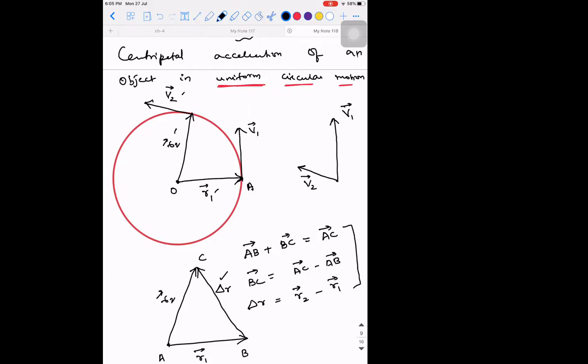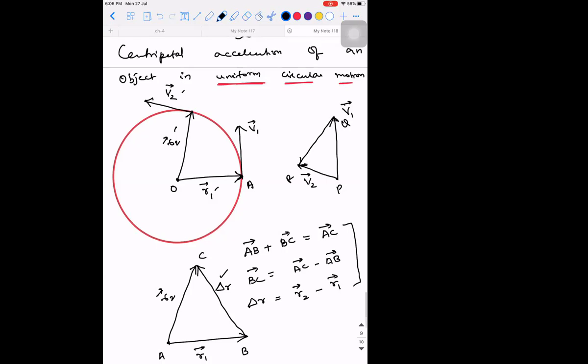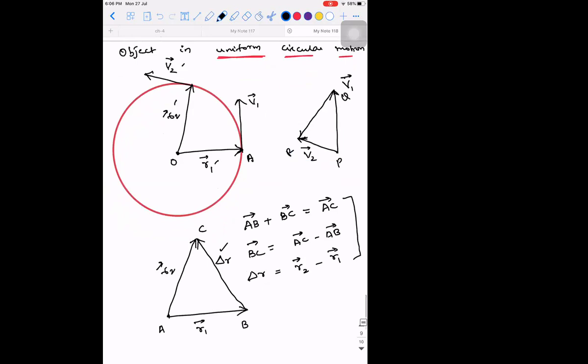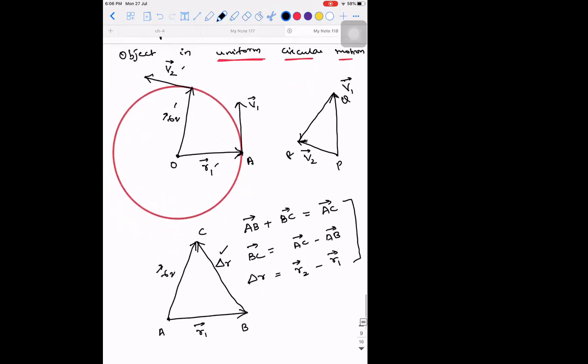Let me name those points P, Q, and R. Now I'm joining these two. Now apply the triangle. So I'm taking the same diagram. I'll draw it again. See, if you're clear with this diagram, I'll draw it again.